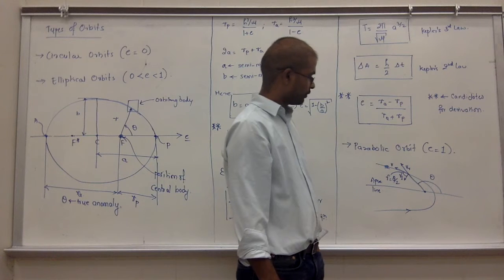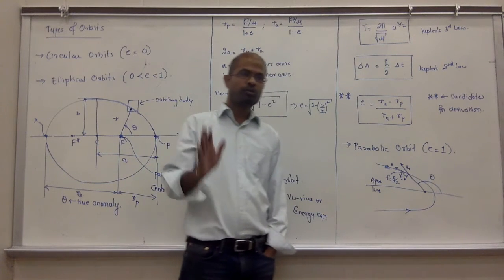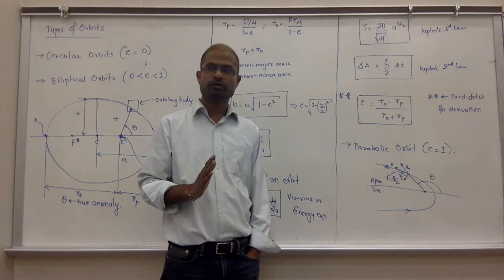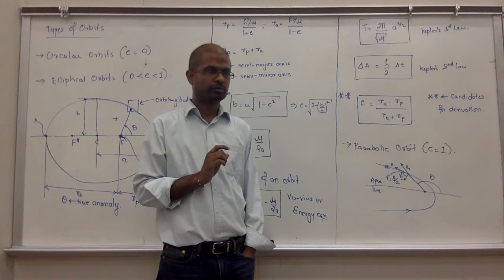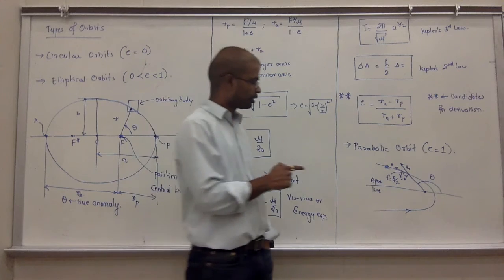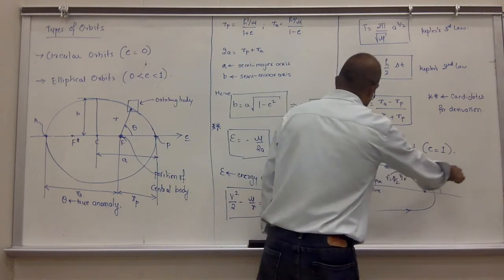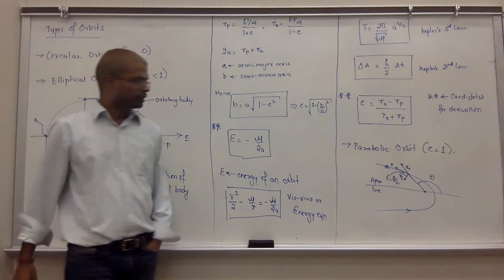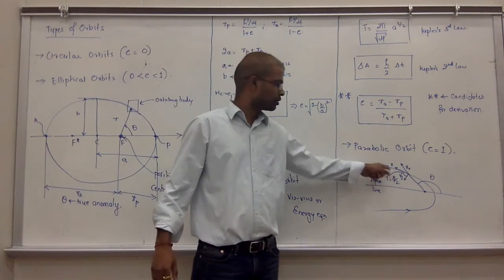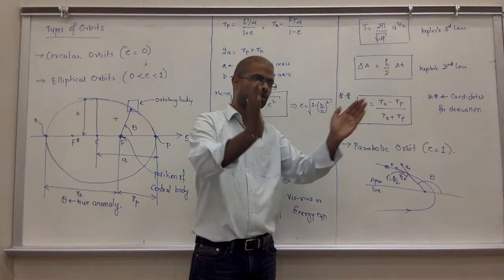You should understand that the velocity direction almost becomes perpendicular to the radius vector. If this parabola goes on and on, it never closes. It just keeps going like this.